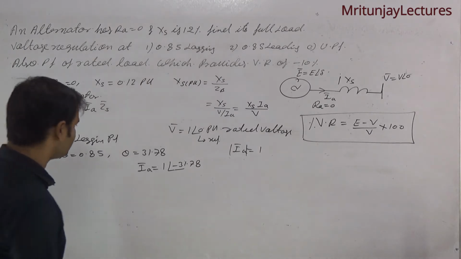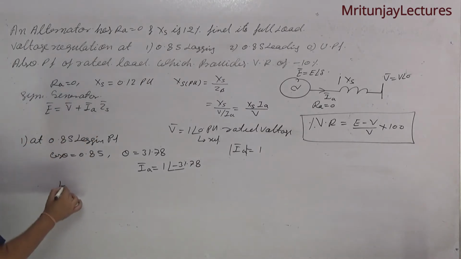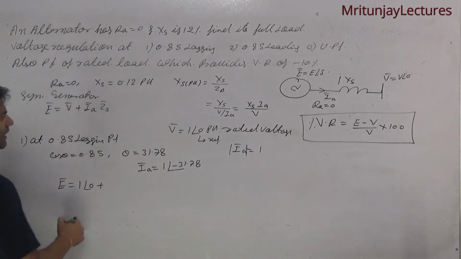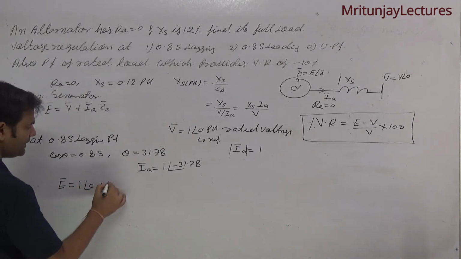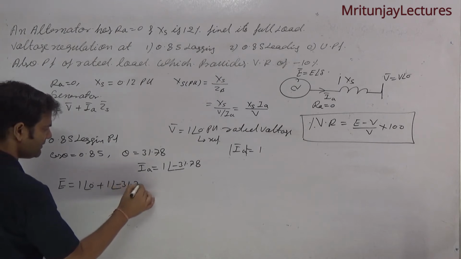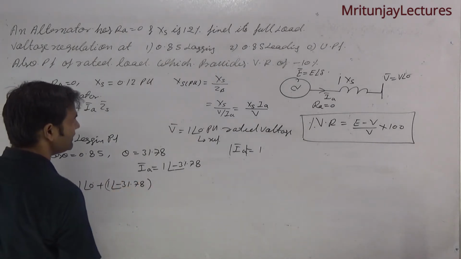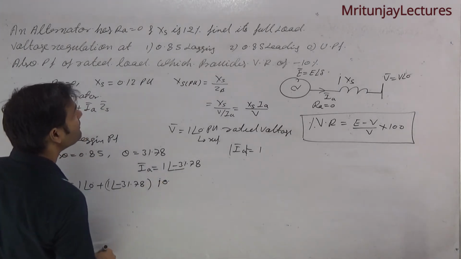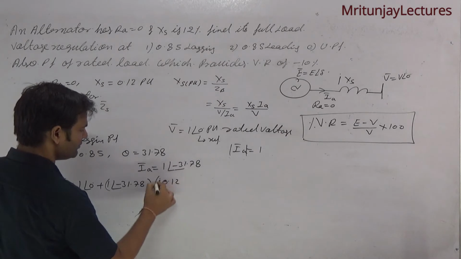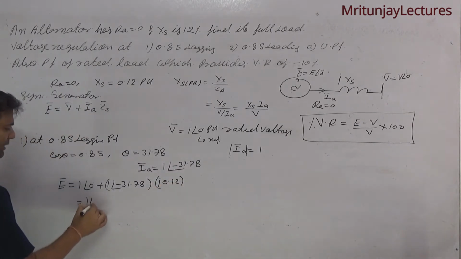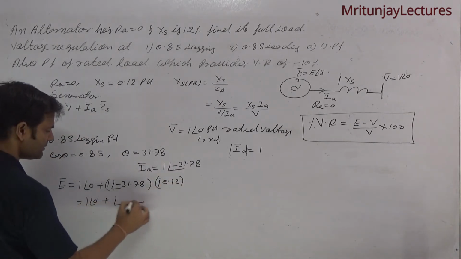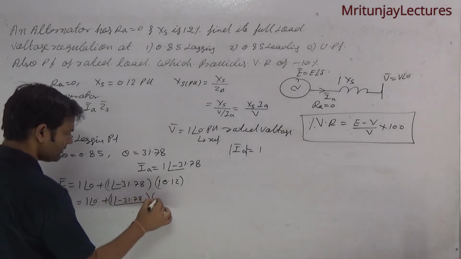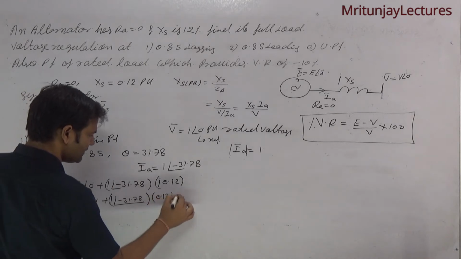So putting here, E is equal to V, 1 at the angle 0, plus Ra, which is 0, so Ia, 1 at the angle minus 31.78, into ZS, which is j0.12, that is 0.12 at the angle 90 degrees.